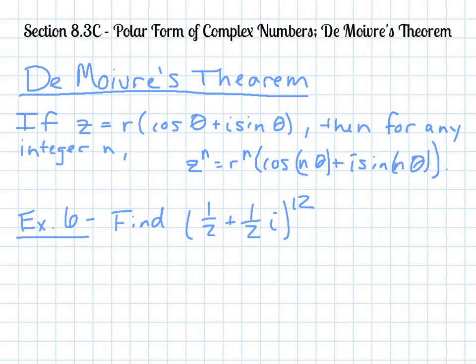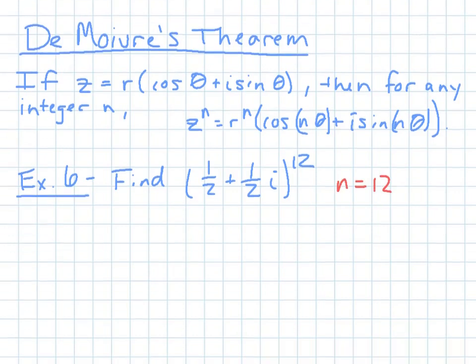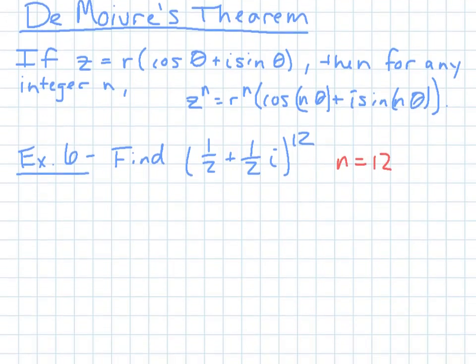So if I want to find 1/2 plus 1/2 i to the 12th power, this means that my n would equal 12. And so now I first need to find what this complex number is in polar form. So I need to find my r.